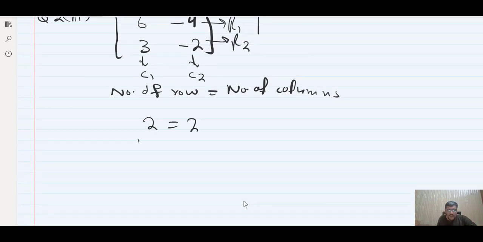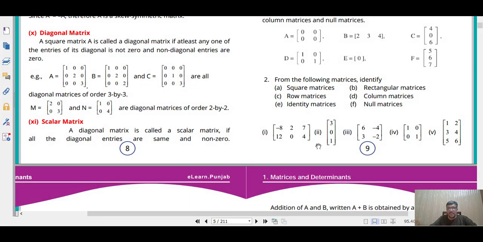So it will be known as square matrix. I hope you are clear about how we have to identify whether it is rectangular matrix, column matrix, row matrix, or scalar, or whatever the options are given.